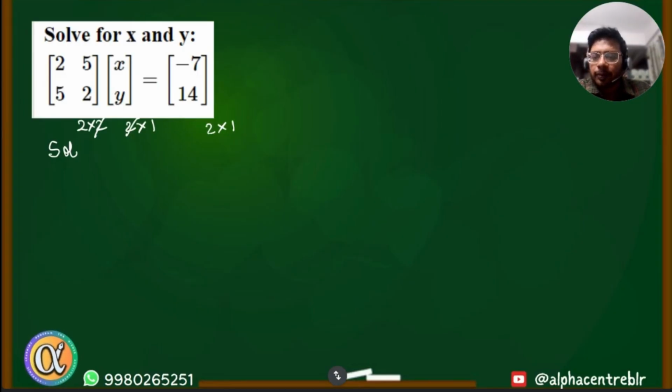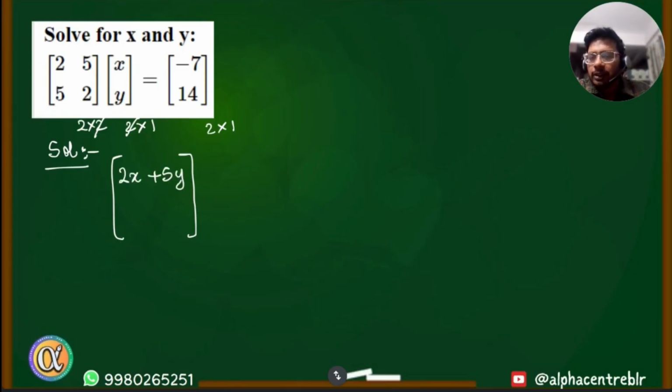So now let's multiply the left hand side. When we multiply the left hand side, we get a 2 by 1 matrix, meaning 2 rows and 1 column. First term is 2 into x plus 5 into y, right? And the second row, first term is 5 into x plus 2 into y.